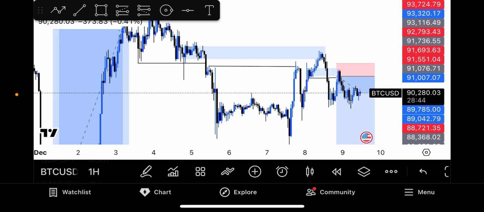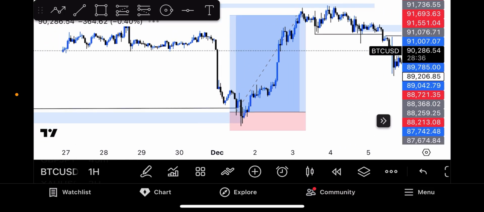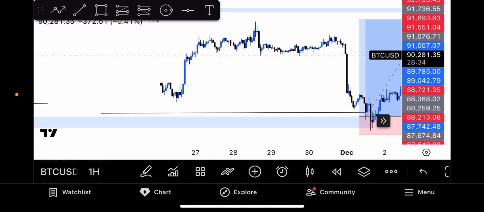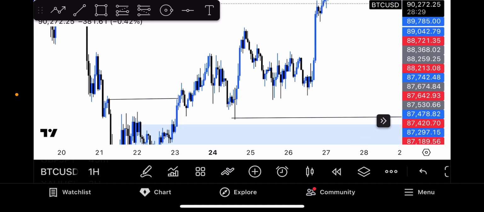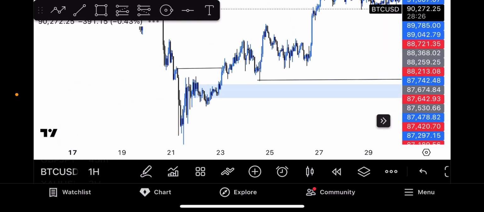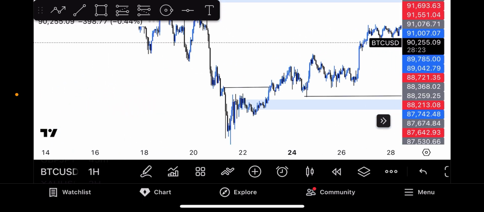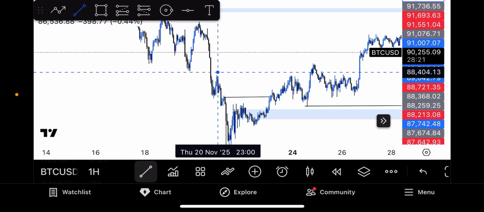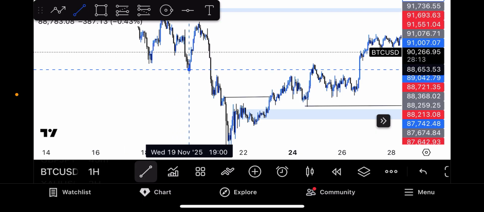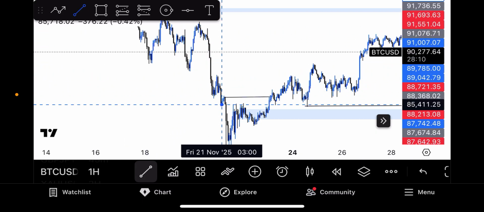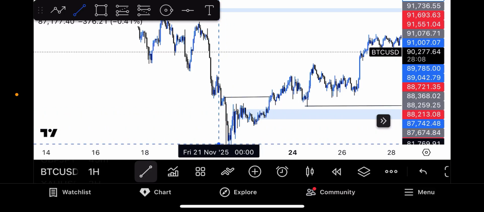But I will come to liquidity in my next class. This was the MSS for an uptrend. Now for a downtrend, you could see the market was selling at this point, making a series of lower high, lower low, lower high, lower low.